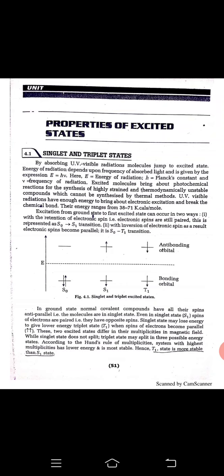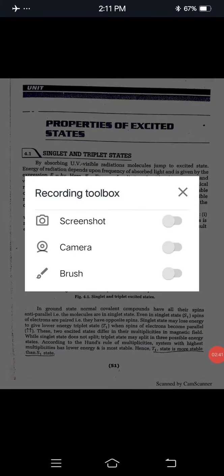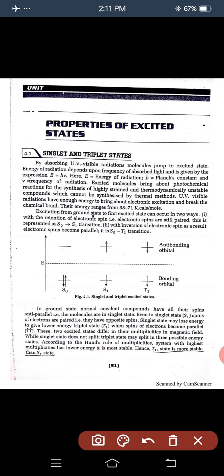In this diagram you can see E denoting the increase in energy. This is S1, and S0 is the ground state, and this is the energy level.